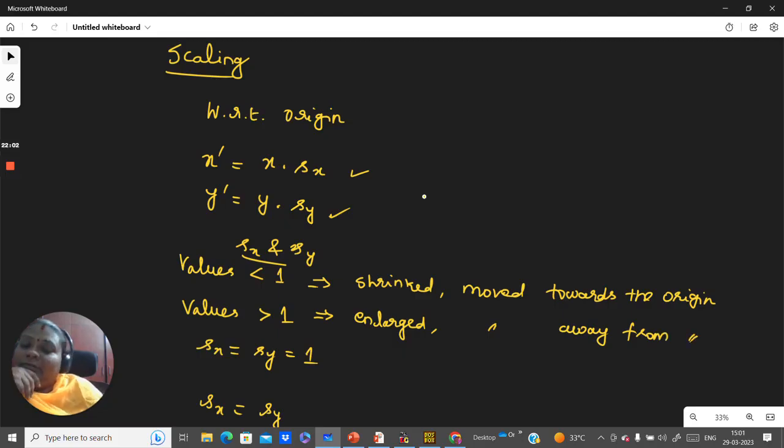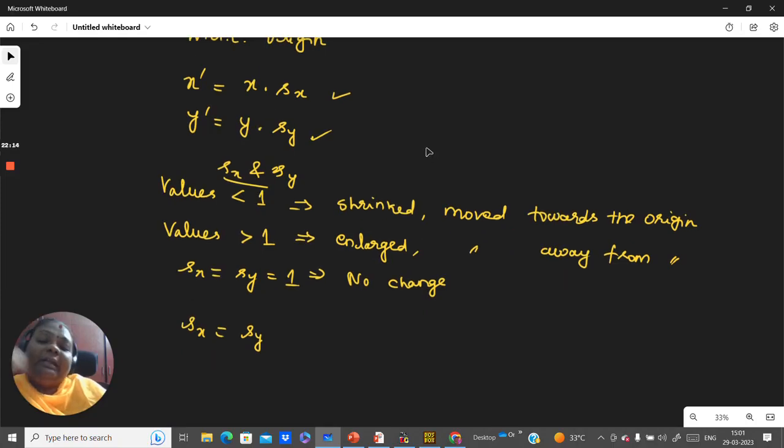When sx is equal to sy is equal to 1, what will happen? There is no change in the object size, because we are just multiplying. If you multiply the already existing factor with 1, there is no change. Sometimes, for the shearing transformation and all, we will be giving the sx and sy values differently, so that the object shape will also be altered.